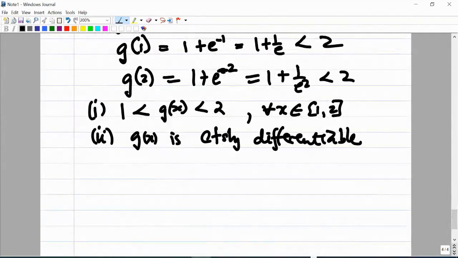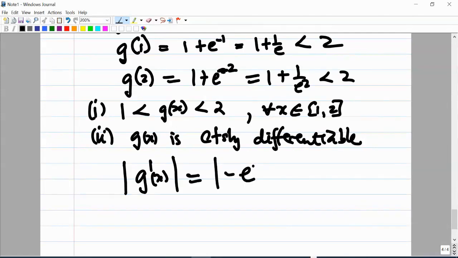If you show convergence, you are just saying the absolute value of g prime of x, which is actually the absolute value of minus e to the power minus x, which is just e to the power minus x, or 1 over e to the power x.